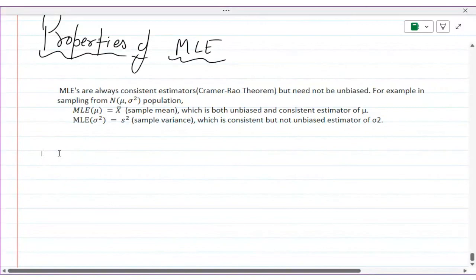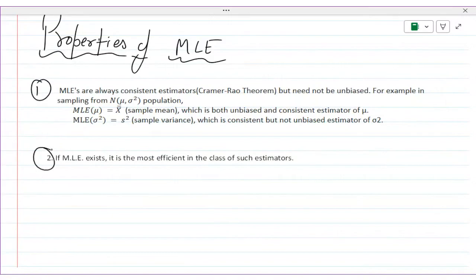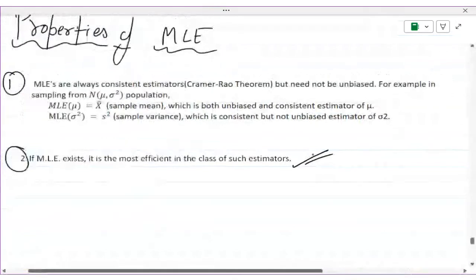this was property number one. Property number two is MLE, if it exists, is the most efficient estimator in the class of such estimators. It is most efficient. Okay, so you don't need to check the efficiency, because if it is MLE, it means it will definitely be the most efficient estimator.